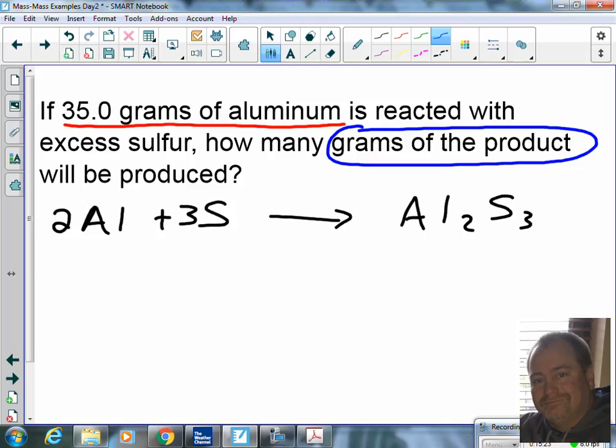What's the product? Al2S3. So they didn't specifically tell us because the question didn't want to give away what the product was. They wanted Naira to figure it out when she did her combination. So, grams of the product, which is Al2S3. Next step is what, Maddie?